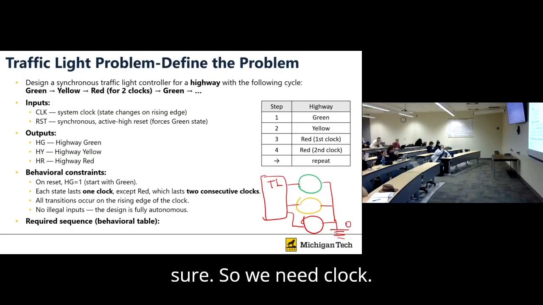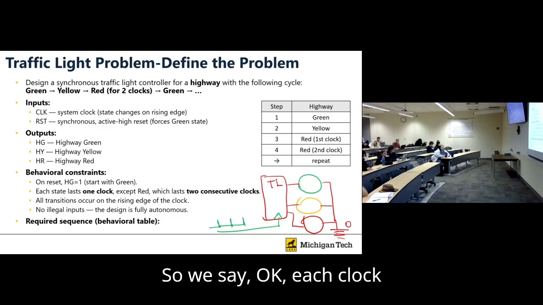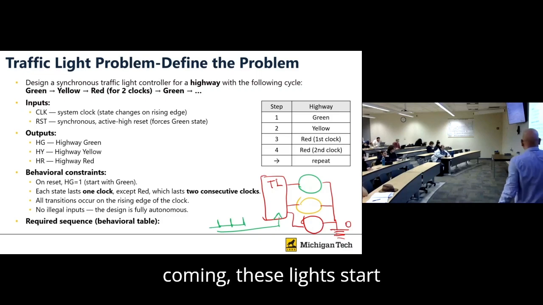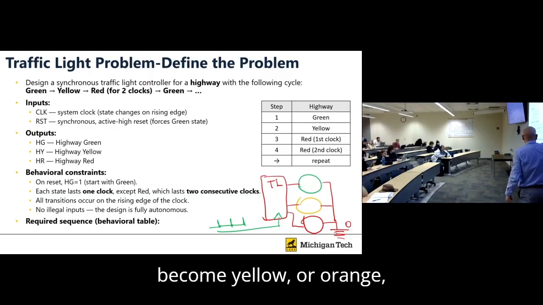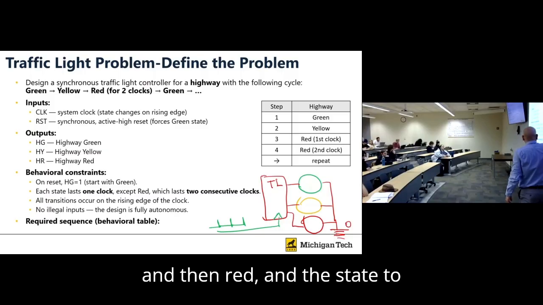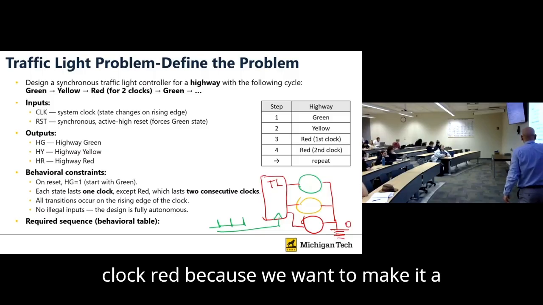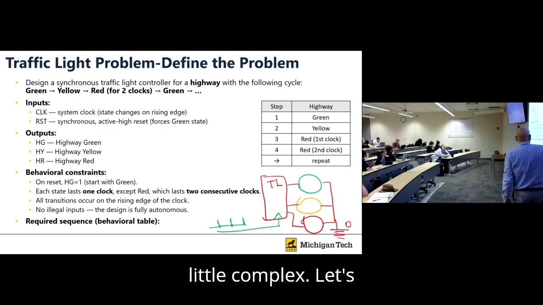We need the clock for sure. So with each clock coming, these lights start flashing from green, become yellow or orange, and then red, and stay 2 clocks red, because we want to make it a little complex.